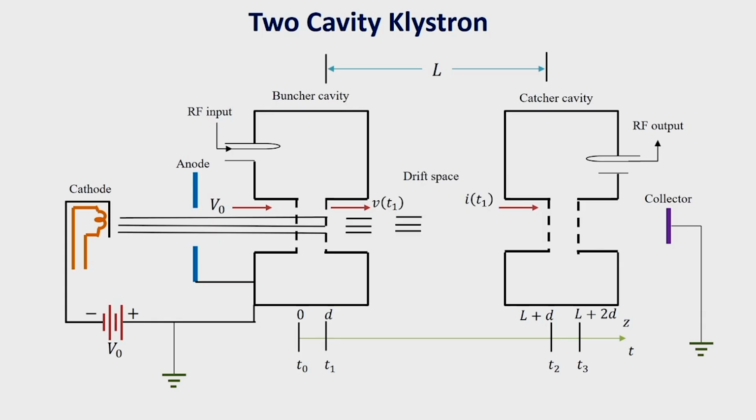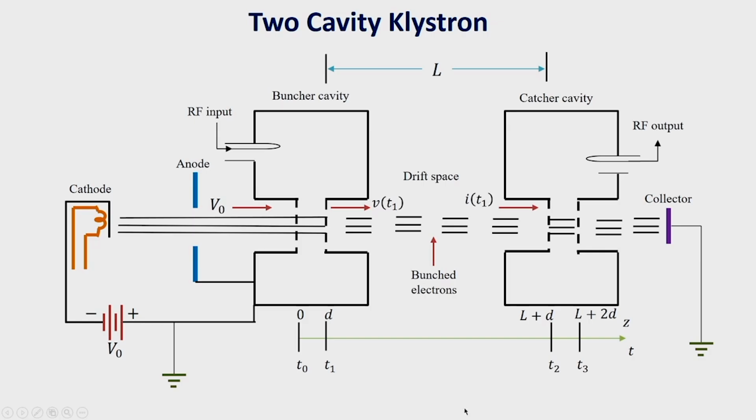These bunched electrons move in the drift space, and when they pass through the catcher cavity, they deliver energy to it, and finally they are collected by the collector.